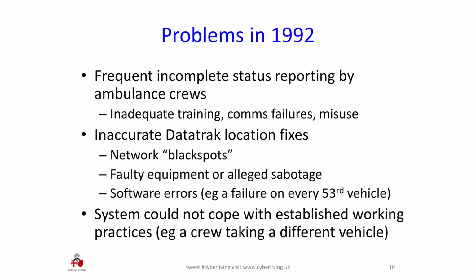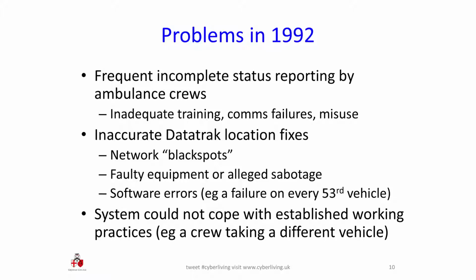There were software errors. Each 53rd vehicle wasn't located. The software lost it. And the system couldn't cope with the way that the ambulance crews were used to working. They had preferred vehicles.